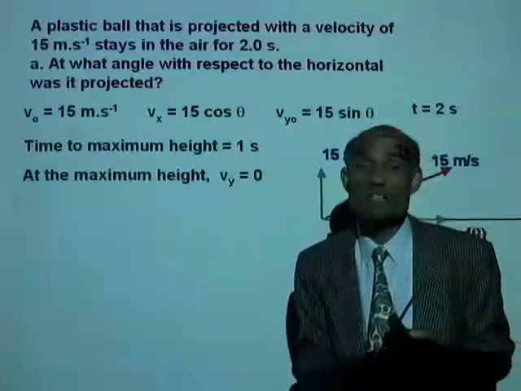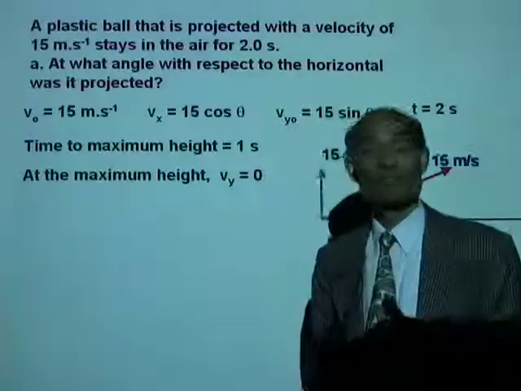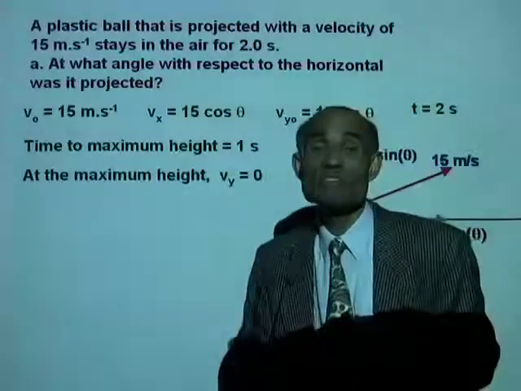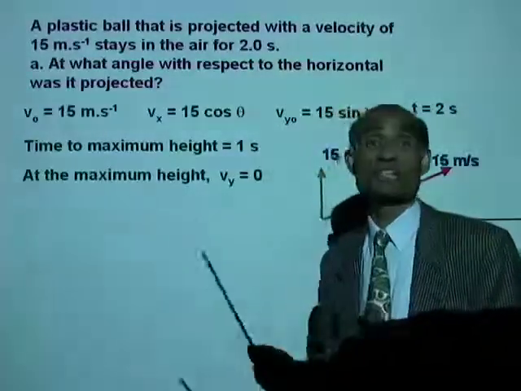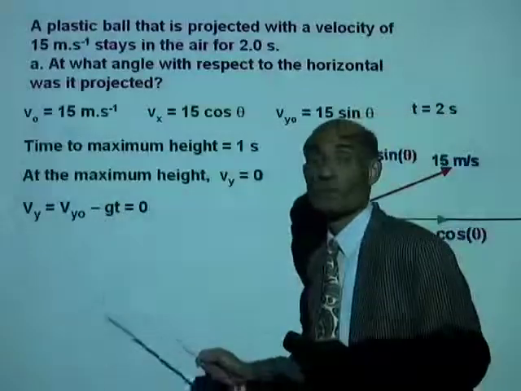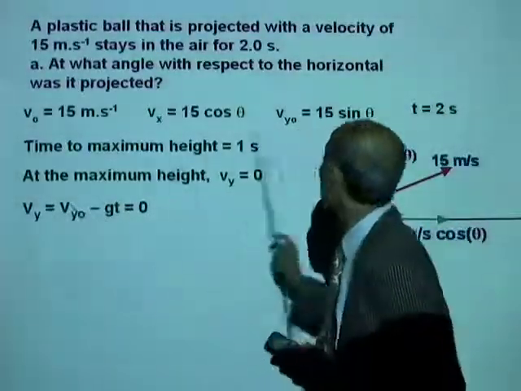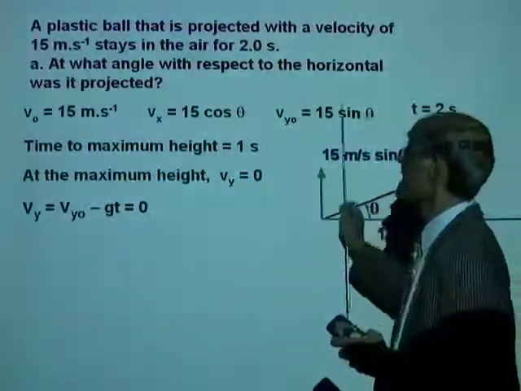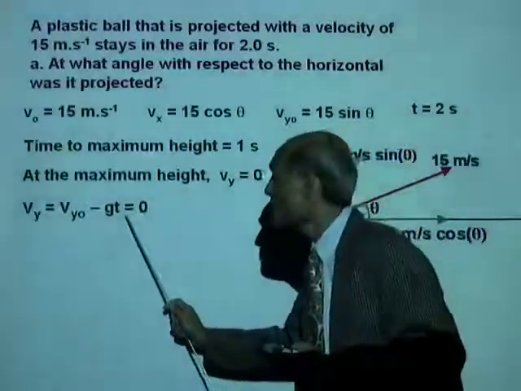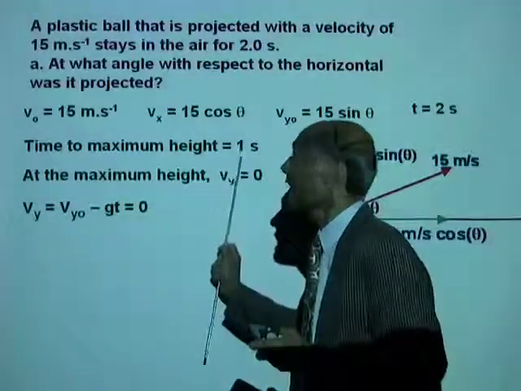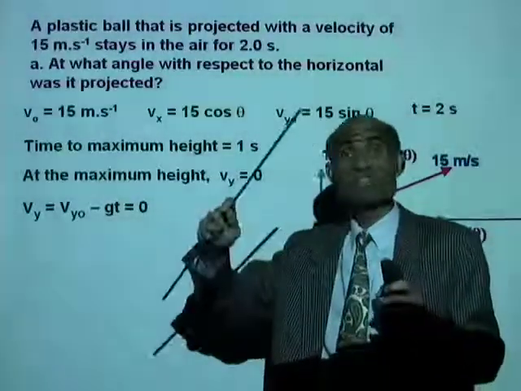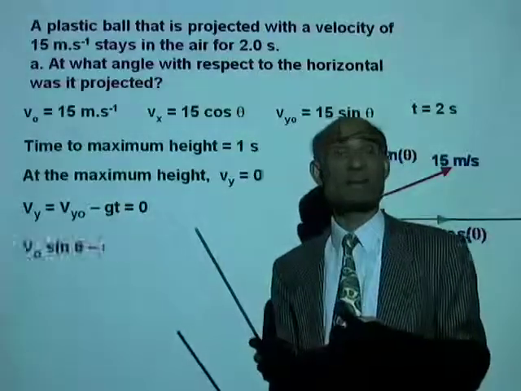And what is the equation for Vy? Vy equal to Vy0 minus gt. There you are. And Vy0 is 15 sine theta. And this t equal to 1. 1 second is the time taken to reach the maximum height.